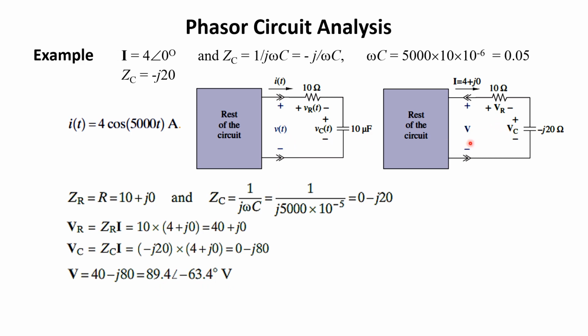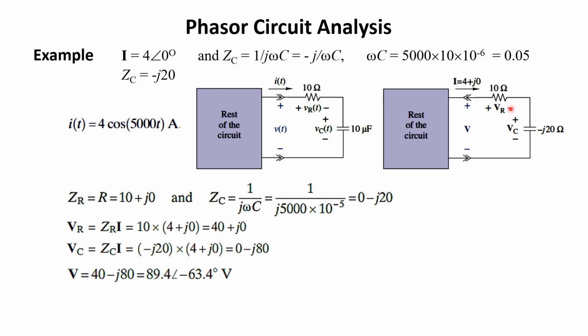As I said before, in the time domain the capacitor is 10 microfarad, and in the frequency domain, in phasor form, this capacitance will be represented as minus j divided by omega C. Omega and C are given, so for the given omega C it is minus j20.